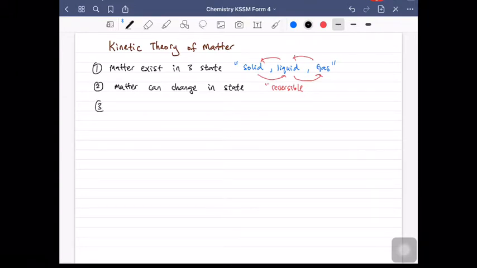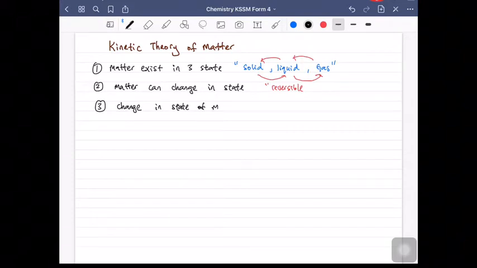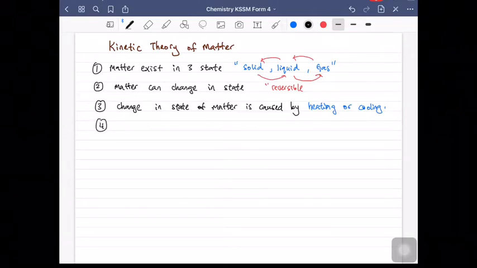Now, the third thing is the change in state of matter is caused by heating or cooling. Alright, now what will happen when we heat a solid?